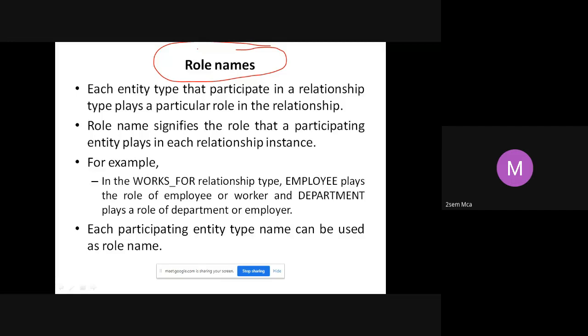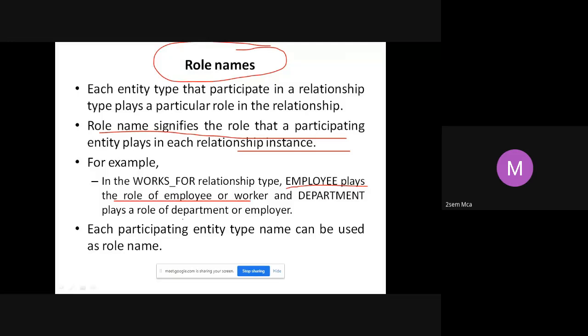But certain times we may have to make some significant differentiation between the roles. In that case, role name becomes very important. See here, role name signifies the role that a participating entity plays. So in the works for relationship type, employee plays the role of an employee, obviously, or worker.